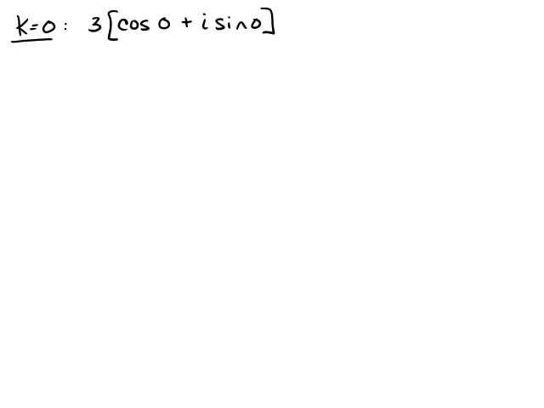Just plugging 0 in for k. This gives me 3 times, evaluating this and this, 1 plus 0 times i, which is just 3. Okay, great. Now let's try k equals 1.